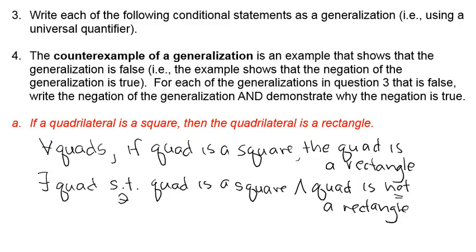So if our original statement we'll call S, then this is the negation of my statement. If we think S is false, then we think that the negation of S must be true.